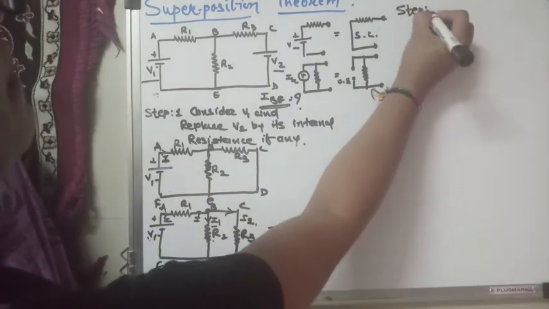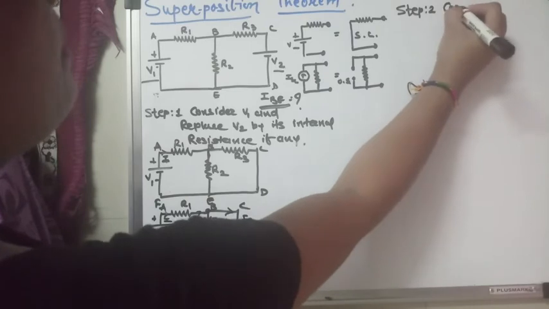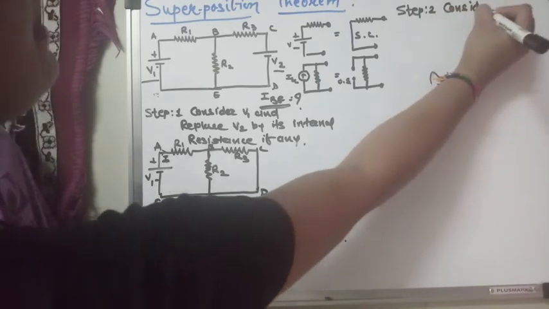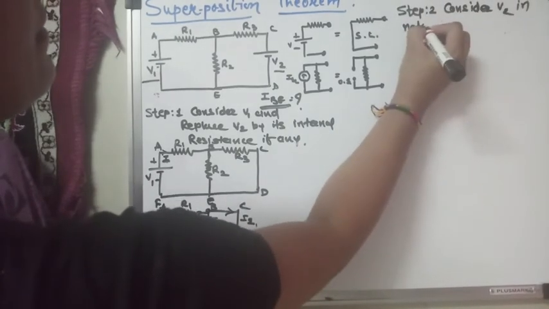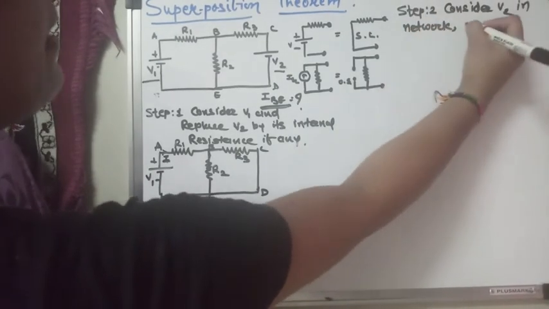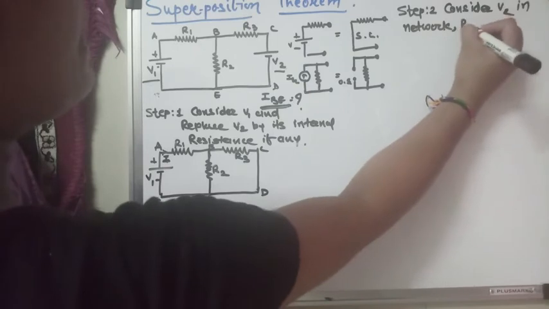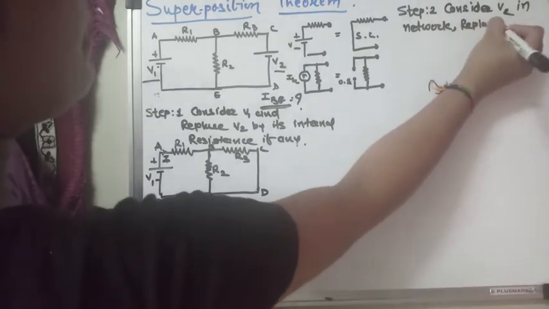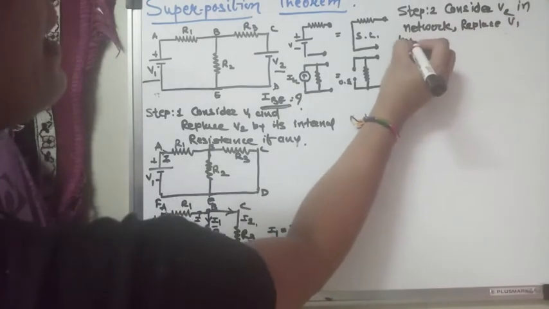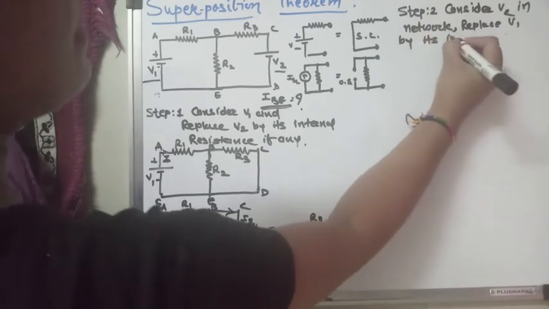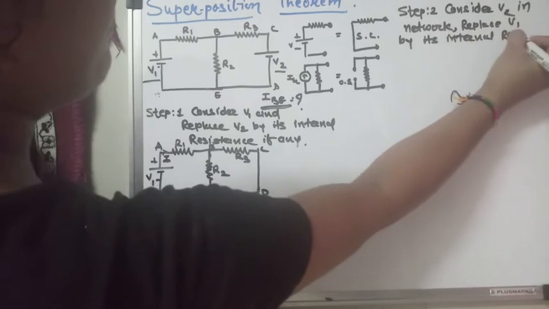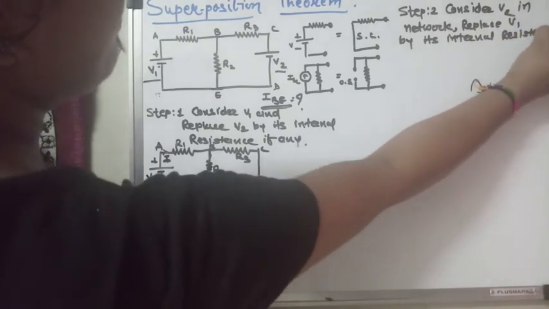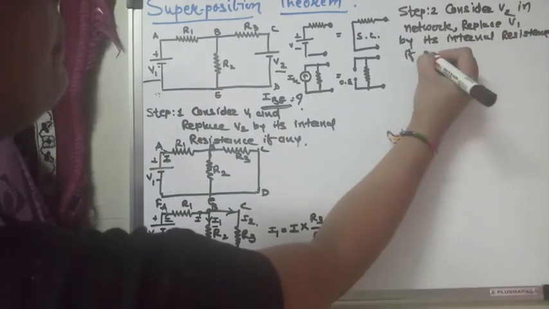In step number 2, consider V2 in the network and replace V1 by its internal resistance, if any.